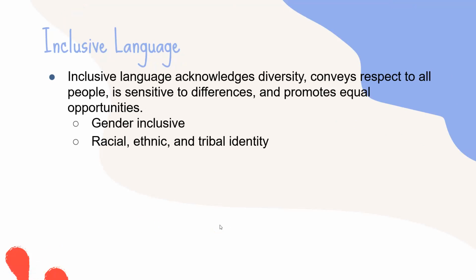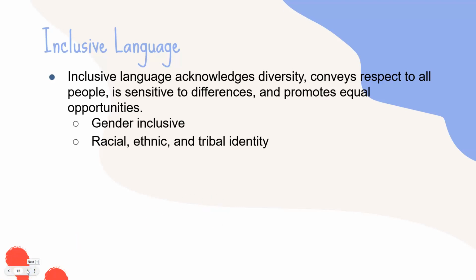And regardless of our purpose and our audience, we should always use inclusive language. So this is language that acknowledges diversity, conveys respect to all people, and is sensitive to differences and promotes equal opportunities. So we want to be mindful to be gender inclusive and to think about racial, ethnic, and tribal identity.